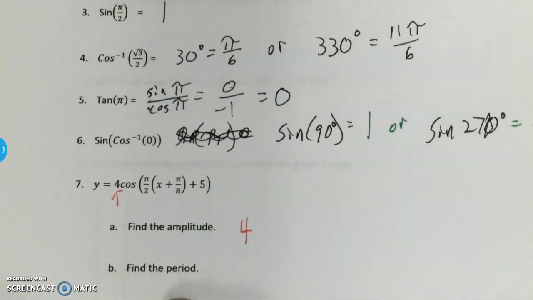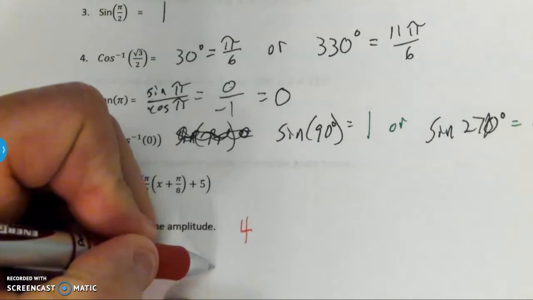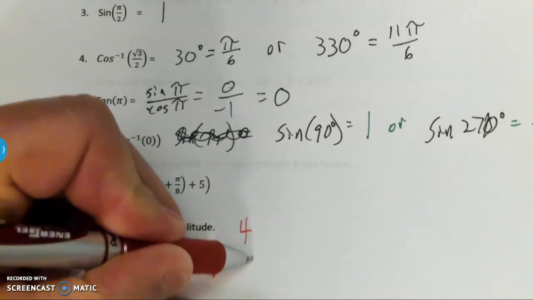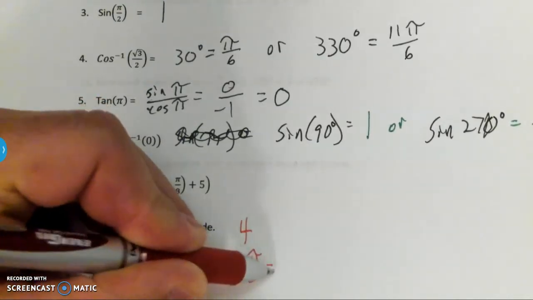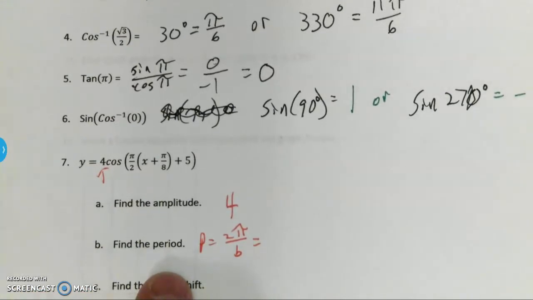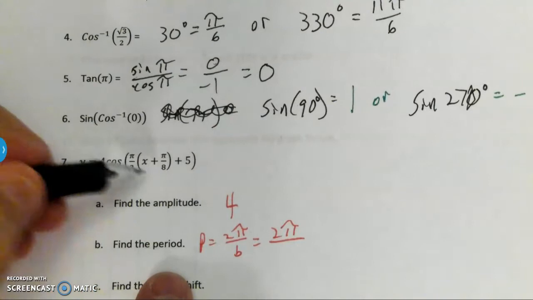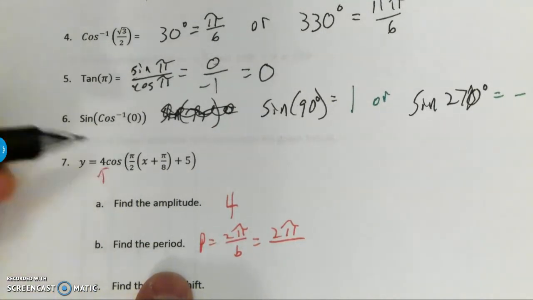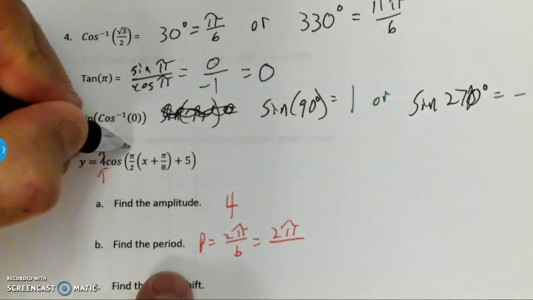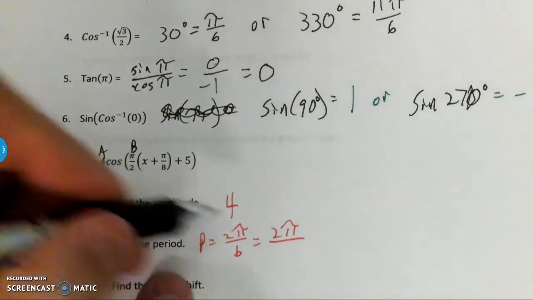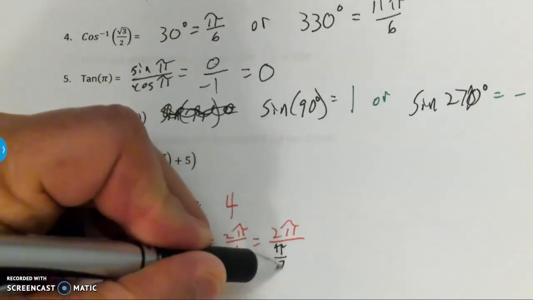Now, the period equals 2 pi divided by B. Remember, this guy is the A, this guy is the B. So B is pi over 2.